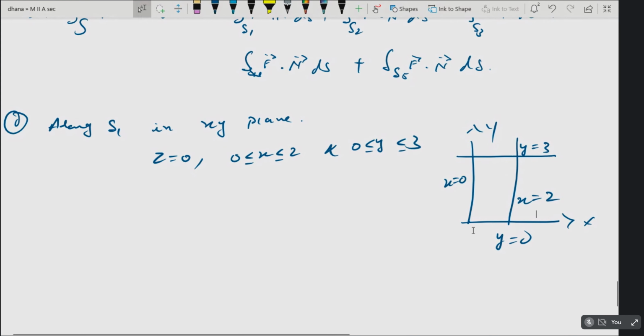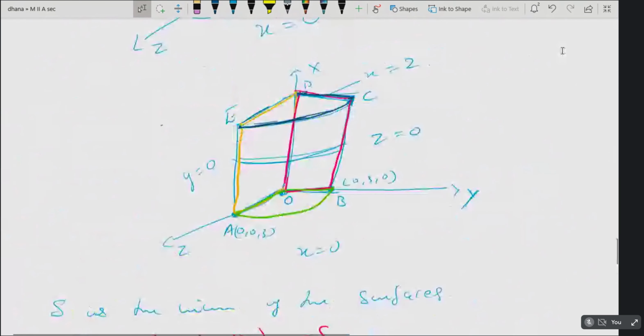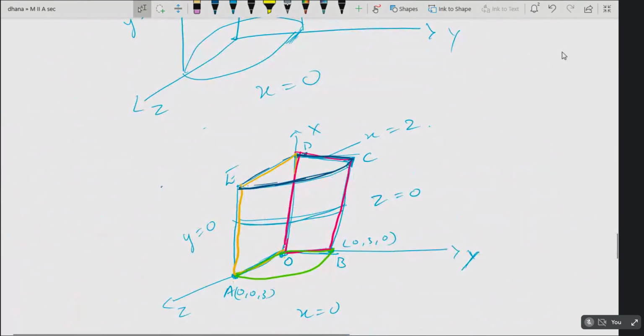Okay, so now here, what is the unit normal vector? What is your n bar? Tell me. If you look at it, k cap. Sorry, k cap. That means the n bar for this surface S1 is the outward normal vector for this xy plane. Is it or not? And what is that outward normal vector? Z axis.